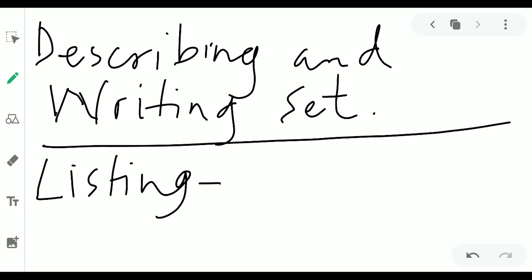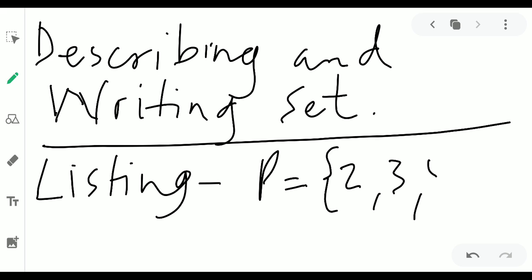Listing means you are writing them individually. Whatever that member is, you write it. Let's say set P. I'm going to list it: 2, 3, 5, 7. I've listed the members of set P.